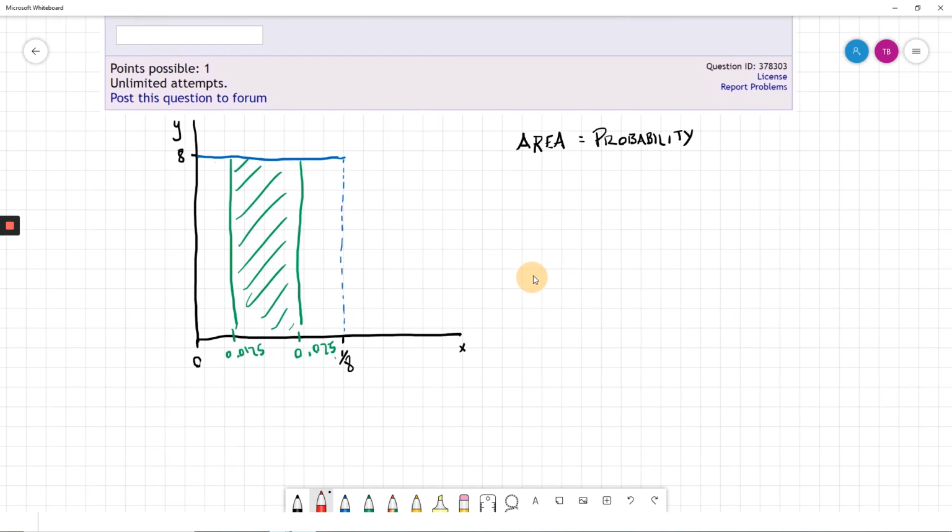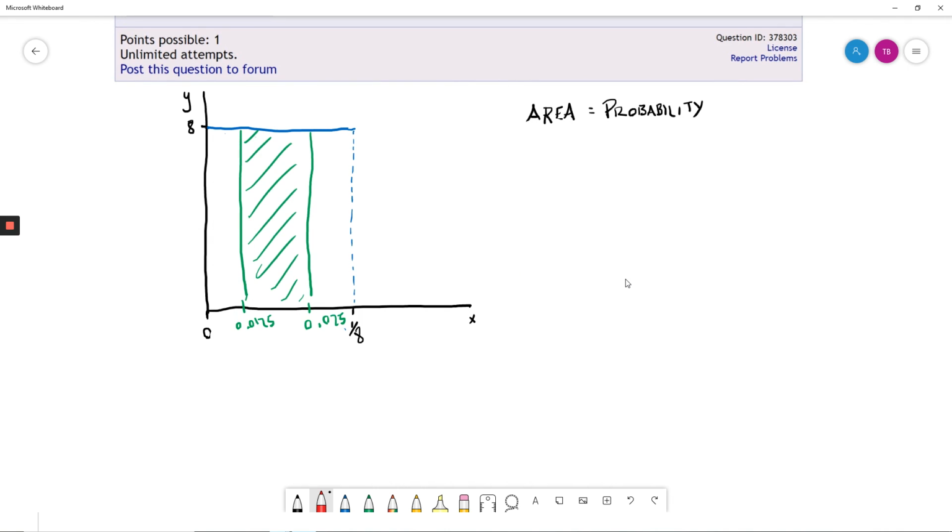Let me move this down a little bit, give myself some more room. The height is still 8, but now the width, how do you go from 0.0125 to 0.025? Well, if we subtract the two, we'll know the distance or the span between them.